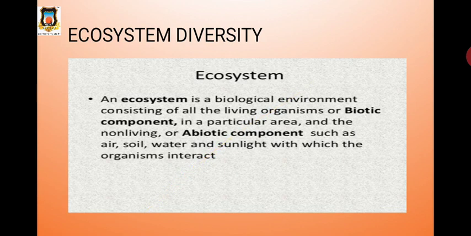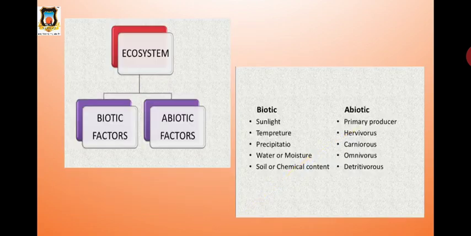Now the ecosystem diversity. Ecosystem diversity is defined as the variety of different ecosystems within an area. An ecosystem is the biological environment consisting of all living organisms, or biotic components, in a particular area, as well as non-living or abiotic components like air, soil, water and sunlight.